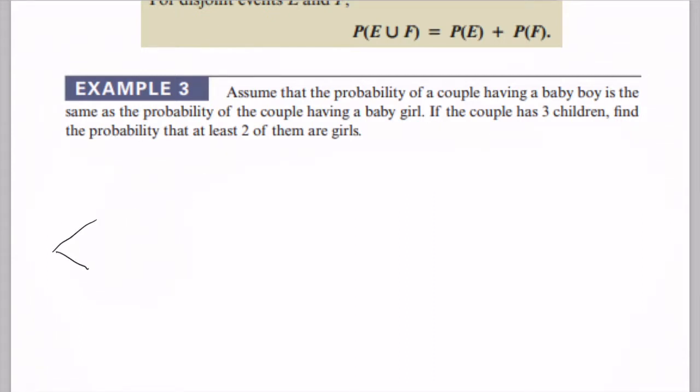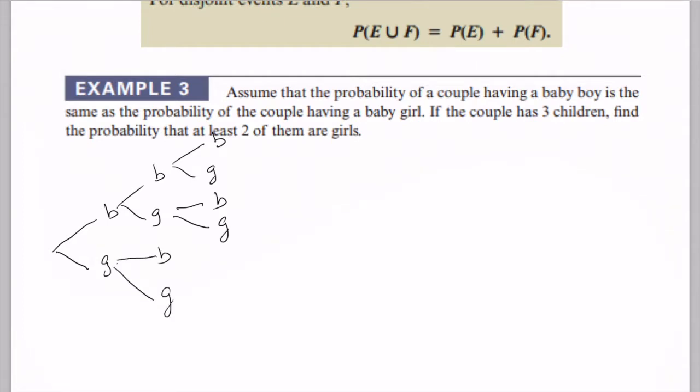So boy, girl, boy, girl, boy, girl, boy, girl, boy, girl, boy, girl. Okay? So following the pattern, we have boy, boy, boy.